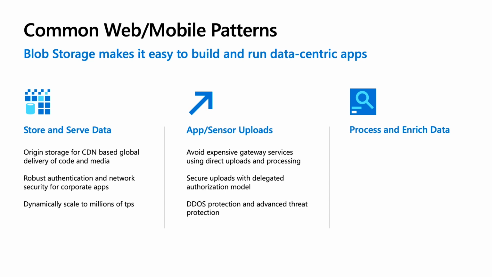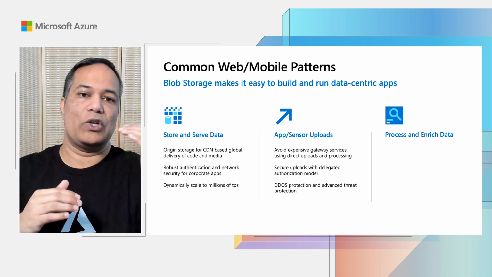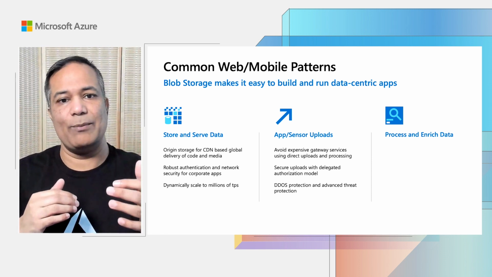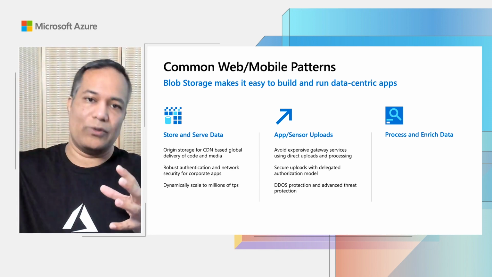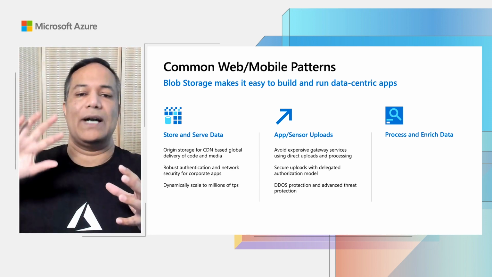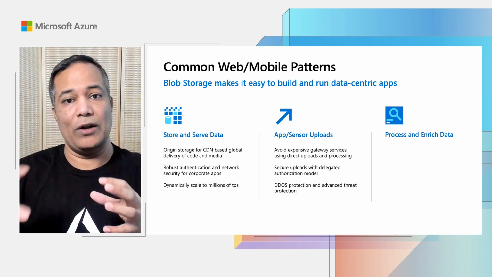Another very common pattern is you have applications or you have sensor data, and there's a lot of data coming in. Blob Storage has a key advantage over other frameworks where you don't have to build an expensive gateway service or proxy layer to receive this data and write it in. You can use our delegated authorization capabilities to have untrusted devices or sensors upload data directly to our front ends and have that data saved and processed from that point onwards.